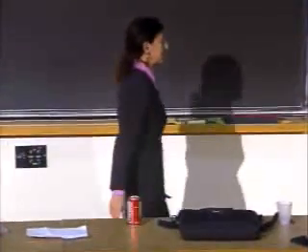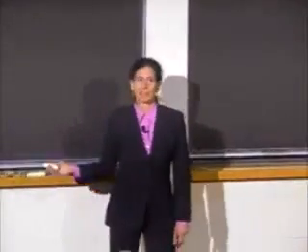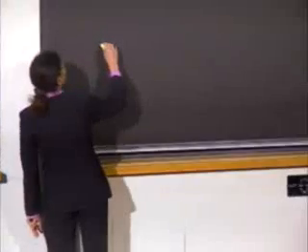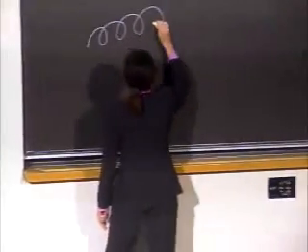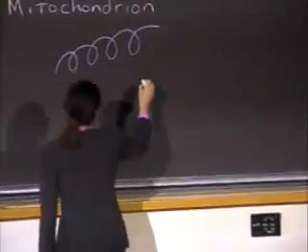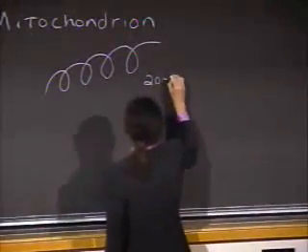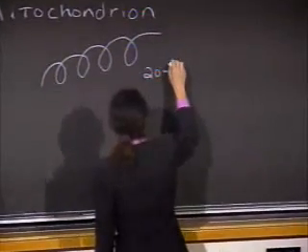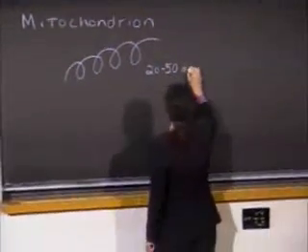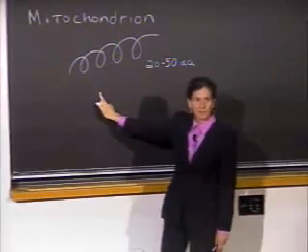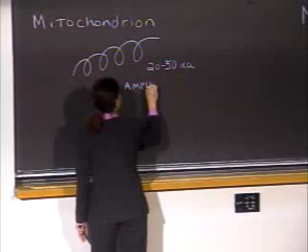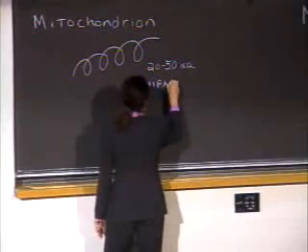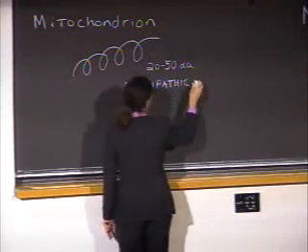So, in the cytoplasm, a mitochondrial protein starts to be synthesized, it's translated, and it has a signal too, only it's different than a signal sequence. It's about 20 to 50 amino acids, and it forms a helix. And it's actually an amphipathic helix.